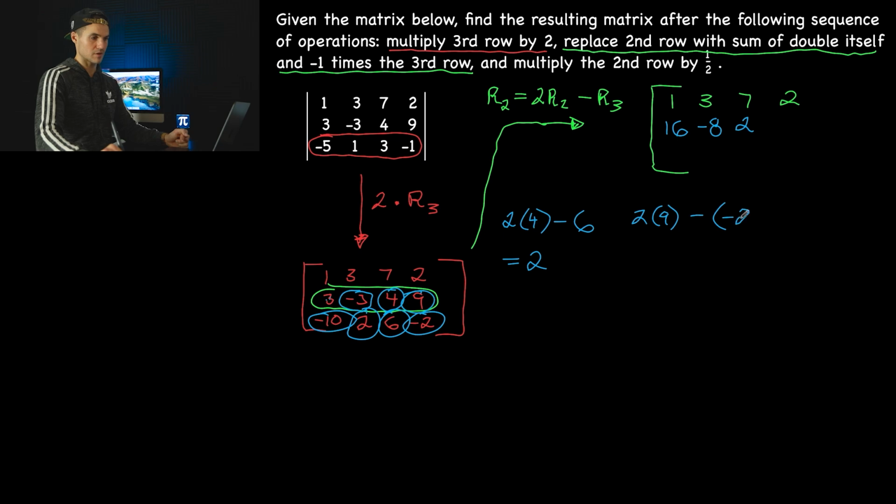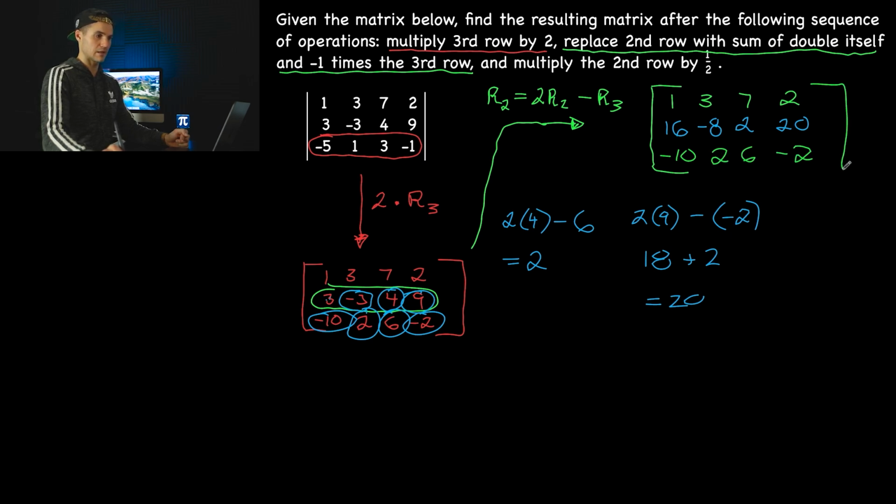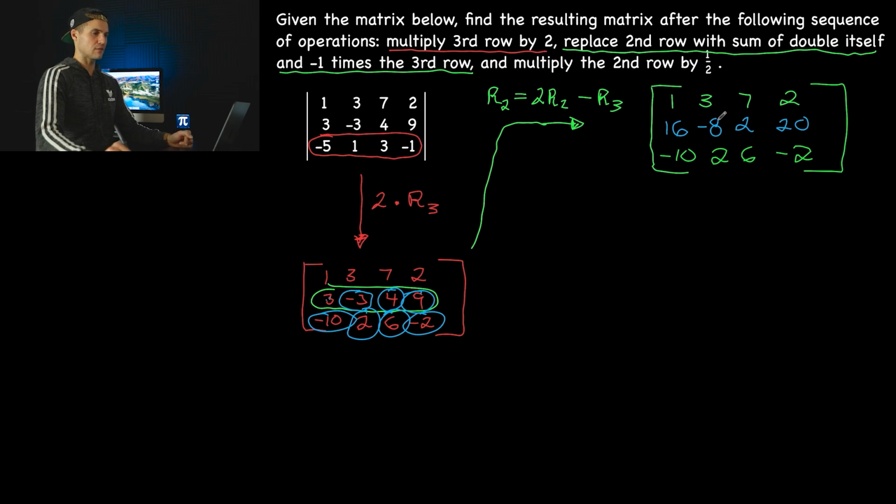So you got to be super careful with your signs here. So it's going to be 18 plus 2, which is 20, right? So that right there is going to be 20. And then the third row is basically going to stay the same. So let's write that -10, 2, 6, -2, like that.